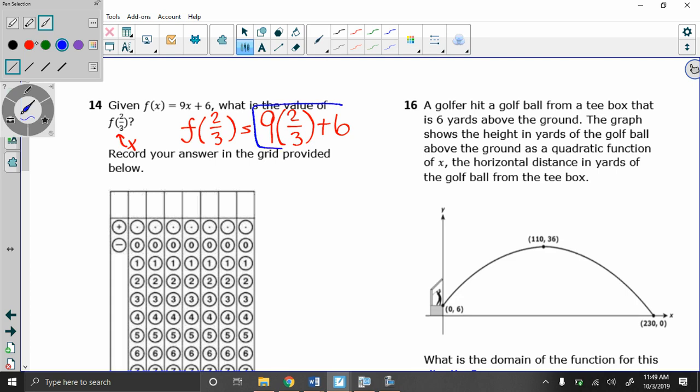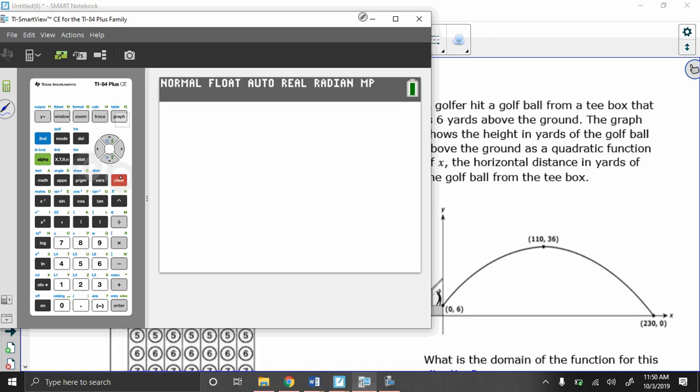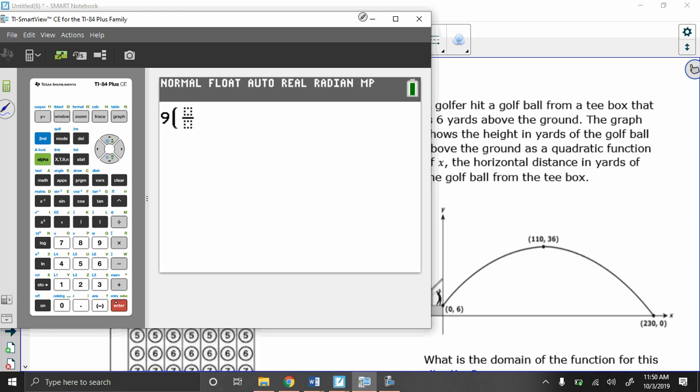And I can take this right here and plug it directly into my calculator and press enter. That way there's not really a whole lot of work that I'm having to do. So we'll get out of our graph, and I'm going to type in 9, parentheses, alpha y equals enter to get a fraction, so 2/3.